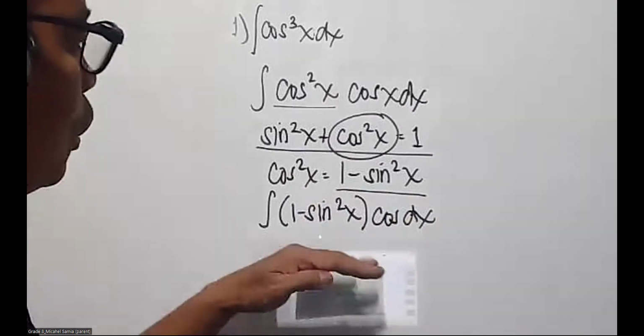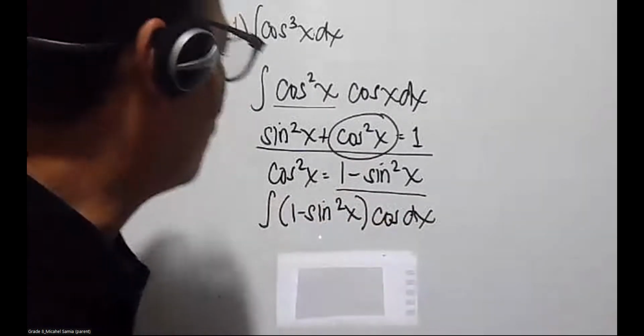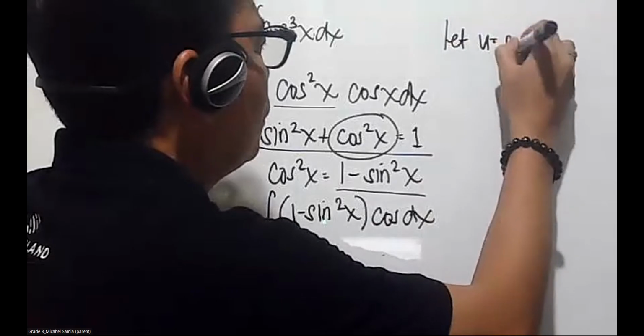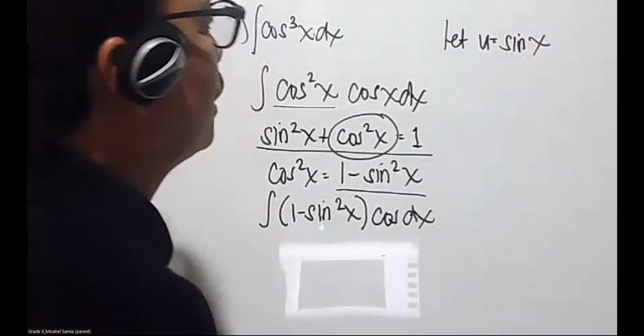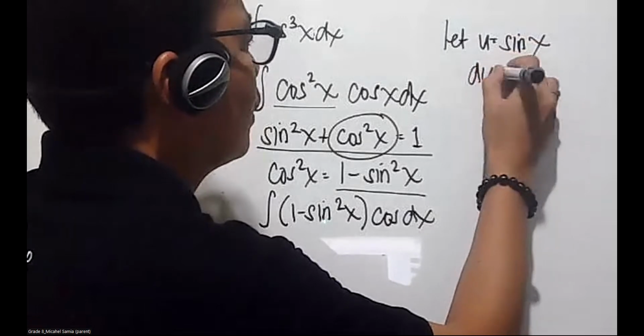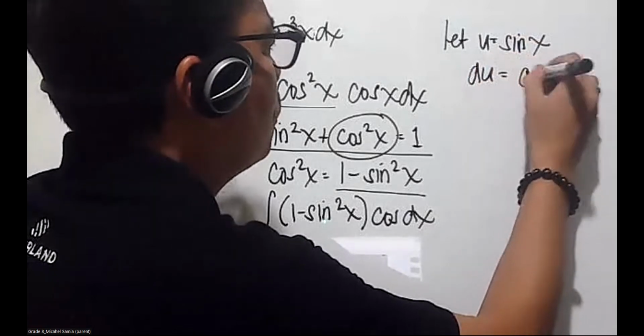Now we assign our u and our du. Let u be equal to sine of x. Therefore, the derivative of sine x, or du, is equal to cosine x dx.